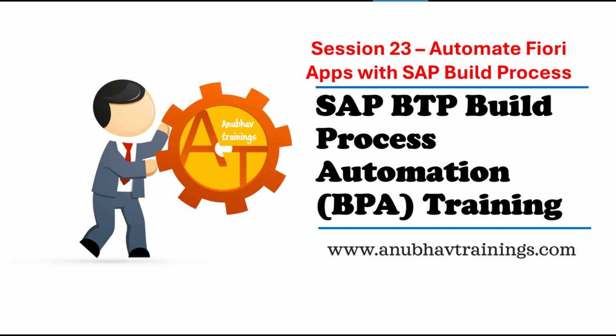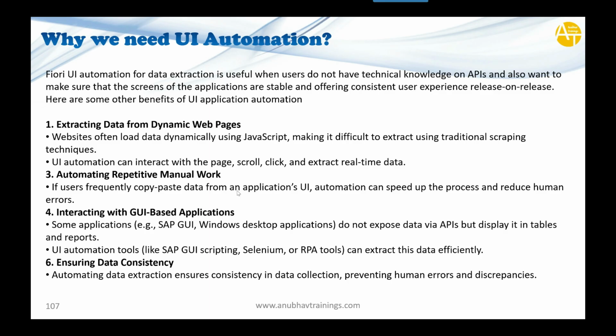So let's get started. Why do we need UI automation? Not just Fiori UI alone, but any kind of UI automation. Fiori UI automation, or UI automation, is typically used for data extraction. It is useful when users do not have any technical knowledge of APIs, or want to make sure that the screens of an application are stable.